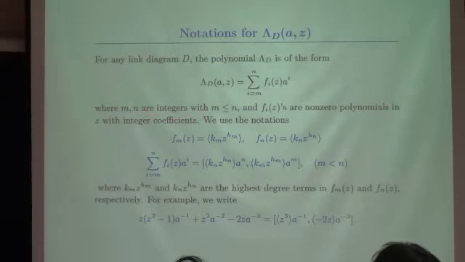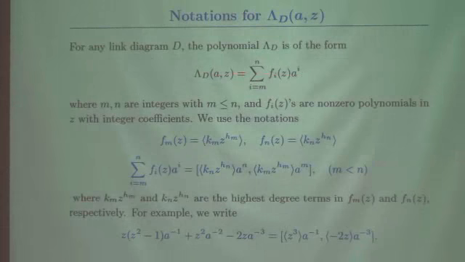Here m and n are integers with m less than or equal to n, and the Fi z's are polynomials in z with integer coefficients. I mean Fm is non-zero and Fn is non-zero.